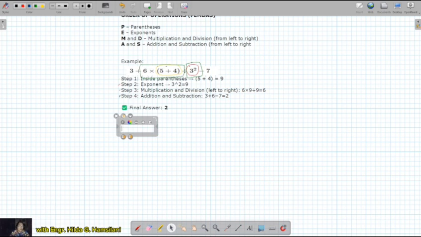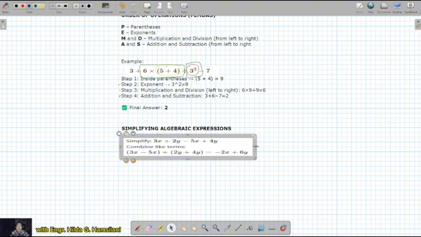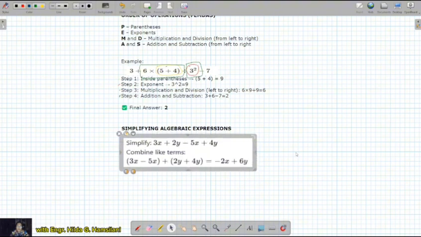simplifying algebraic expressions. Simplifying means rewriting an expression in its simplest equivalent form by combining like terms and applying algebraic properties. For example, if we simplify this expression, 3x plus 2y minus 5x plus 4y, first thing we have to do is to combine like terms.